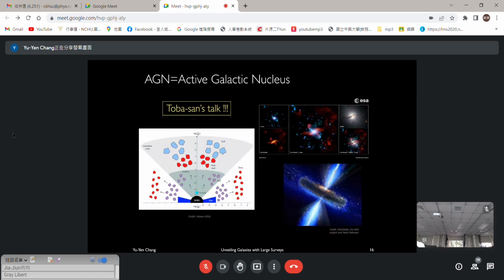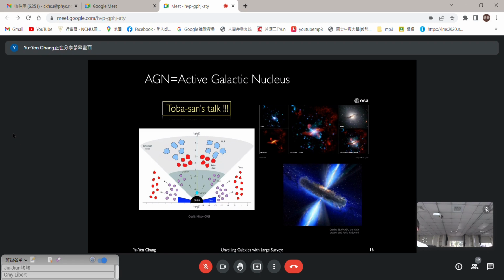So this is an AGN model. In the middle of an AGN, we can see a supermassive black hole, and it is surrounded by an accretion disk, the blue part here. Outside this disk, we may have some torus. And on the two sides of an AGN, it's possible to have jets and outflows.